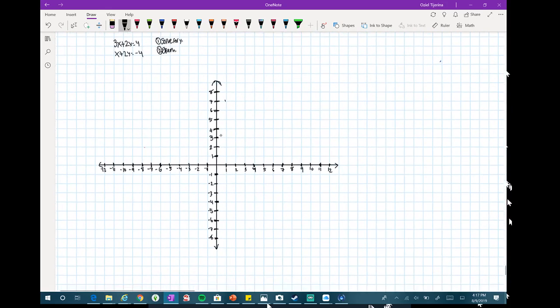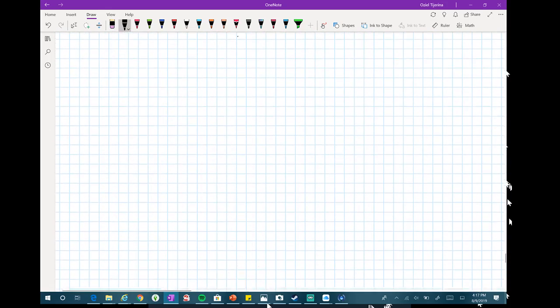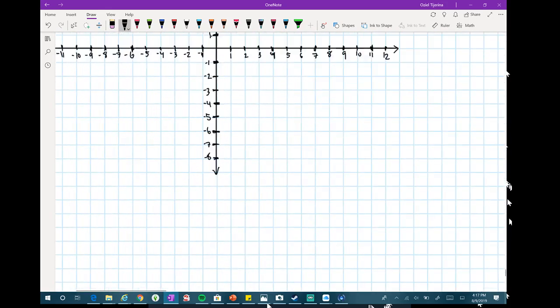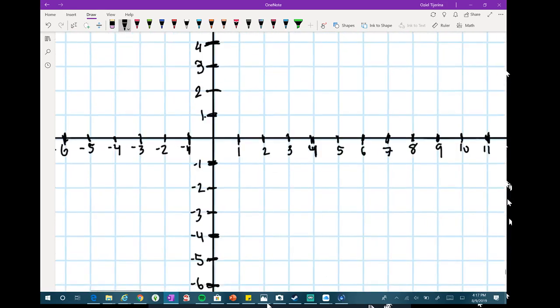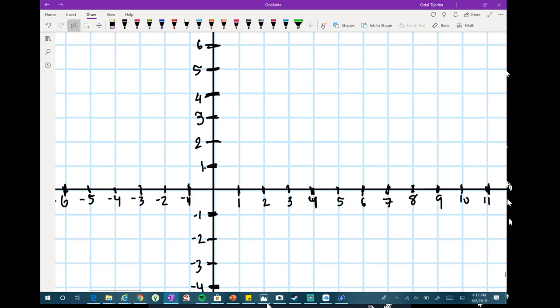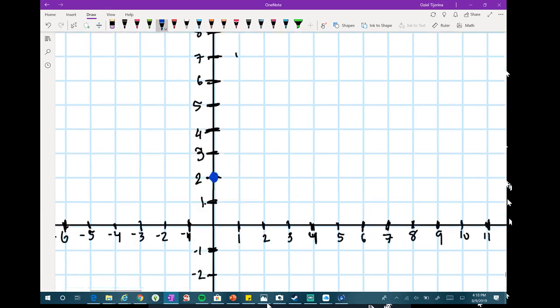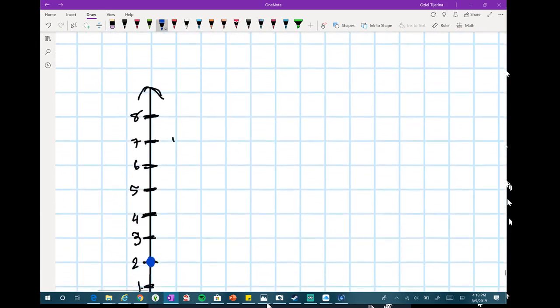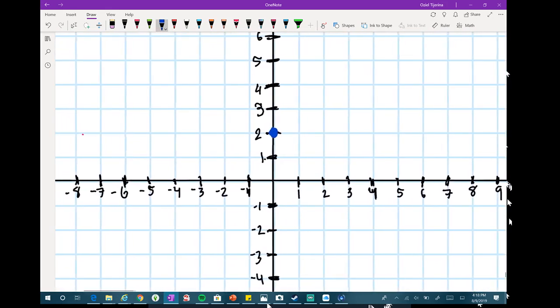And then you go ahead and plot it. Your y-intercept is at 0, 2. Here's your y-intercept, and you are going down 3 and right 2.